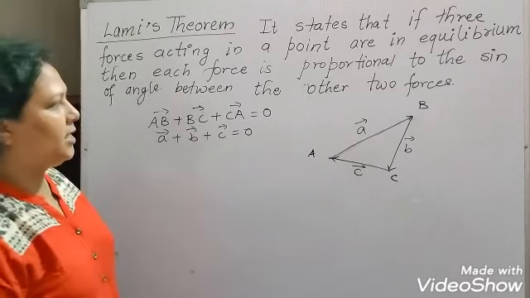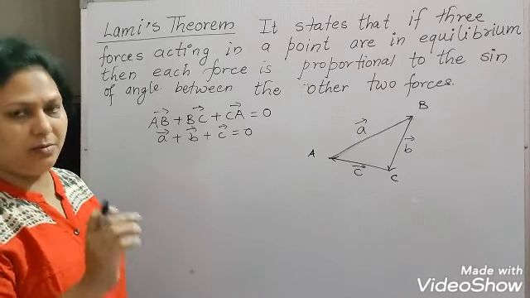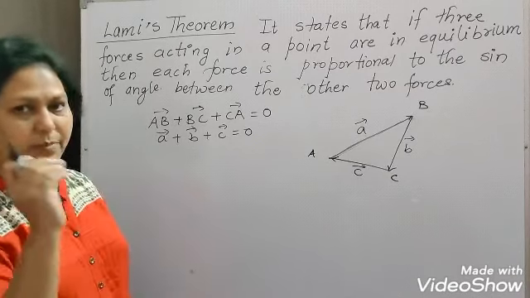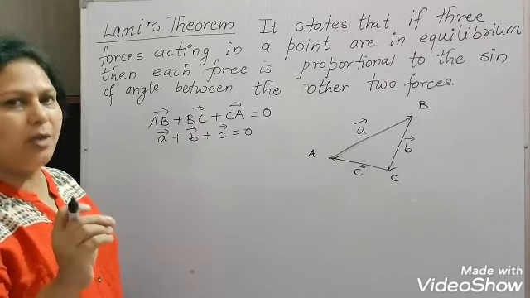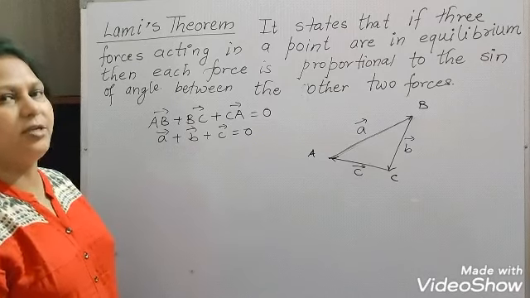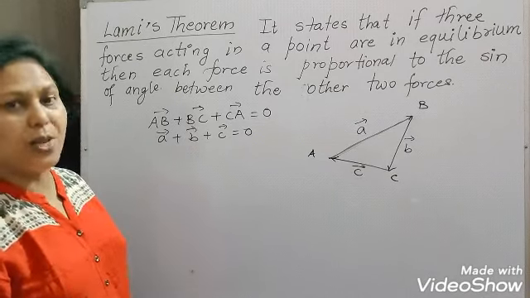It is telling that the force which is represented by the side of a triangle, and the sine of the angle between the other two vectors, the ratio of these two are equal.